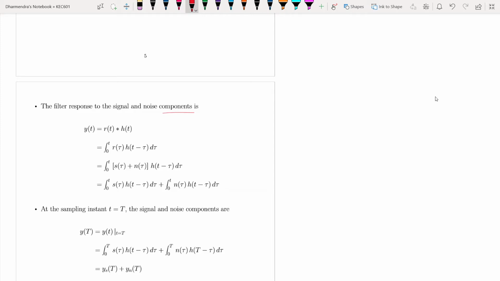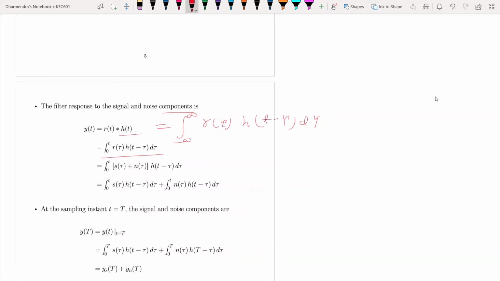So y of t will be the convolution of r of t with h of t. That can be written like this: integral from minus infinity to plus infinity of r of tau h of t minus tau d tau.